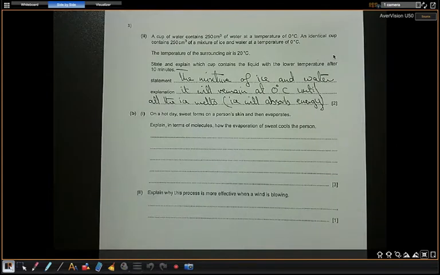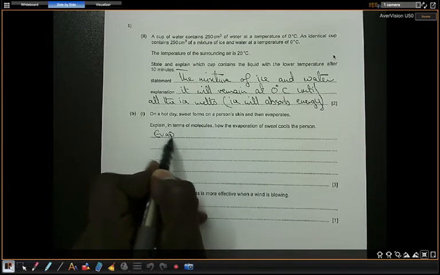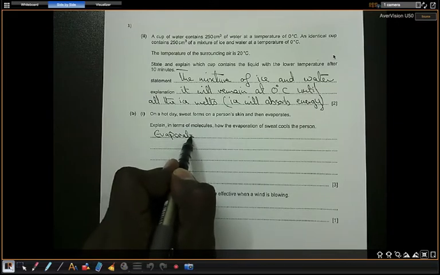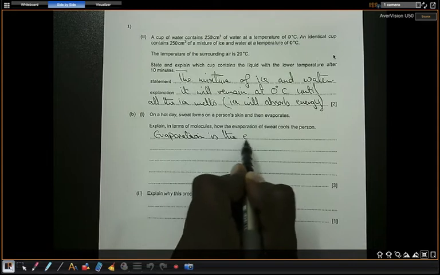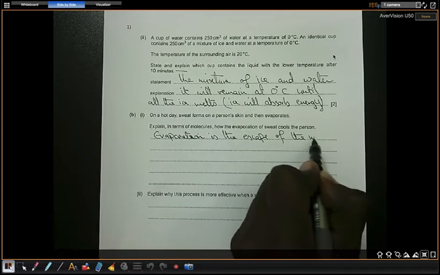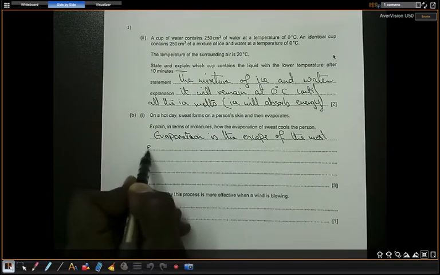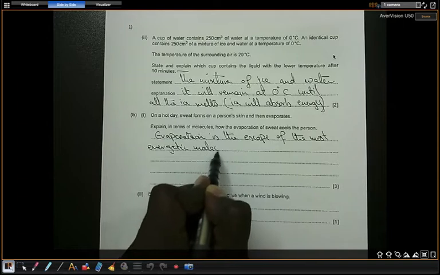Now, the second one is: on hot days, sweat forms on a person's skin and then evaporates. Explain in terms of molecules how the evaporation of sweat cools the person. Now you've got to speak about evaporation a little bit. We're going to say evaporation is the escape of the most energetic molecules.